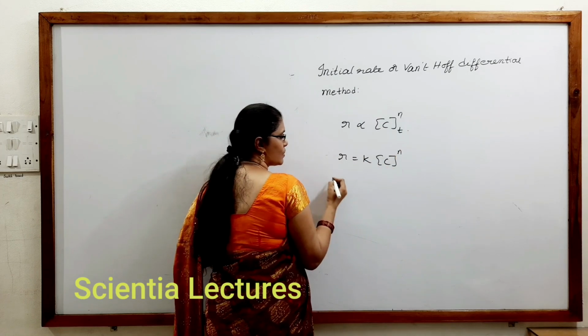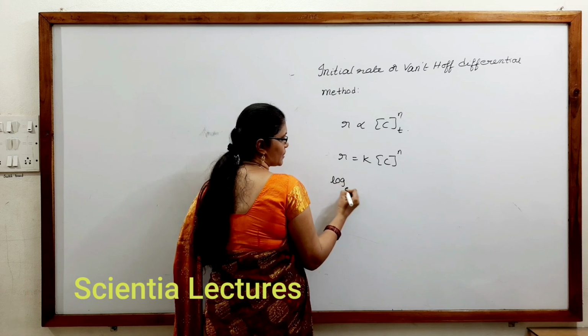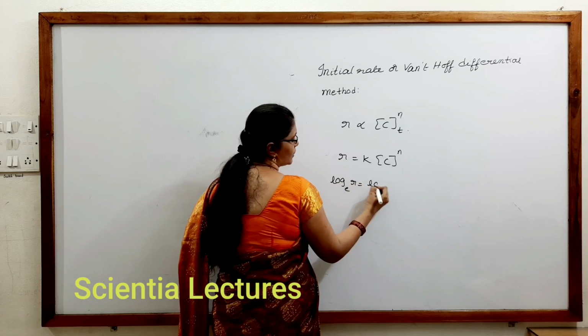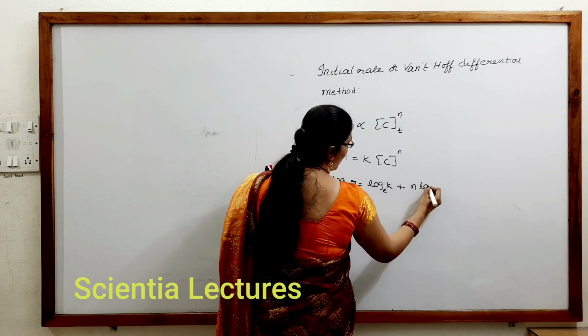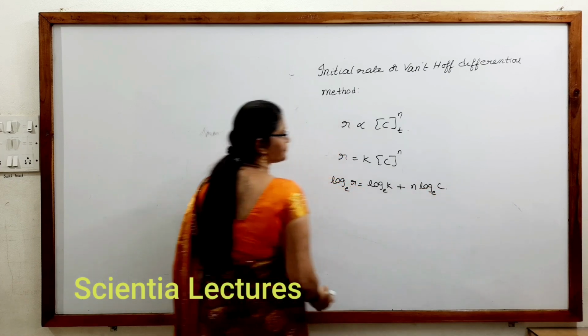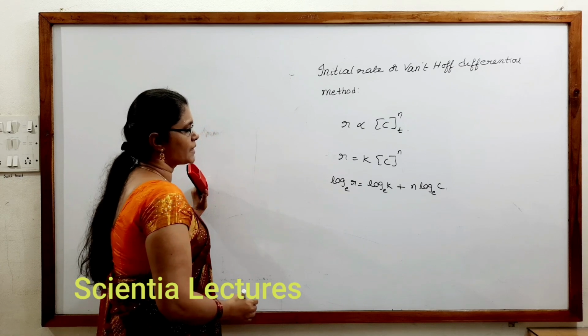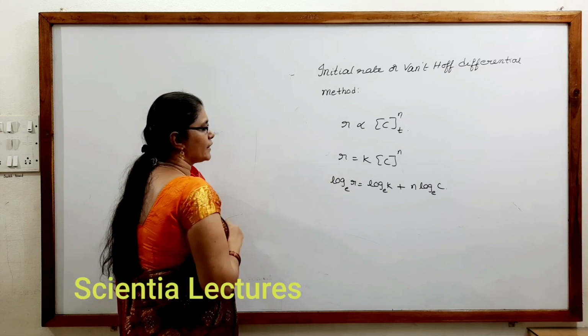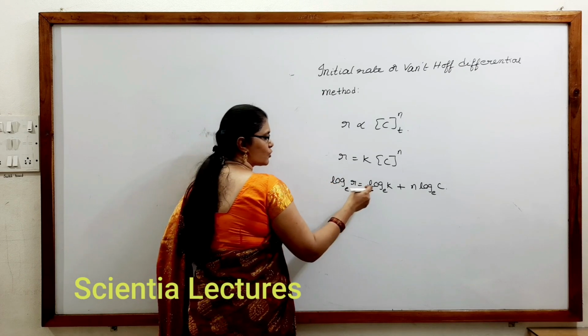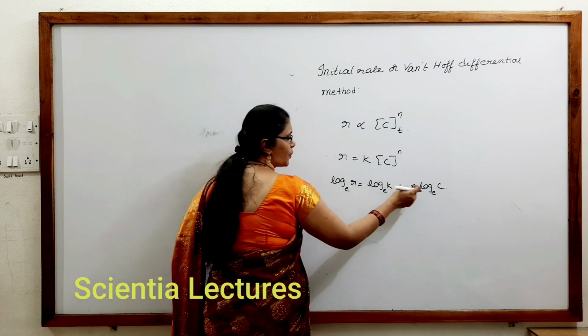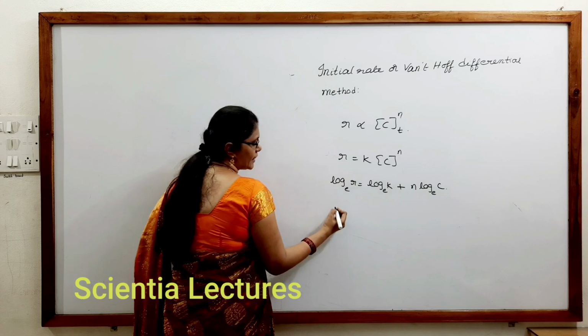Taking log on both sides, log base e R is equal to log base e K plus n log base e C. Now if you write 2.303 for everything, 2.303 log base 10, that gets cancelled anyway.